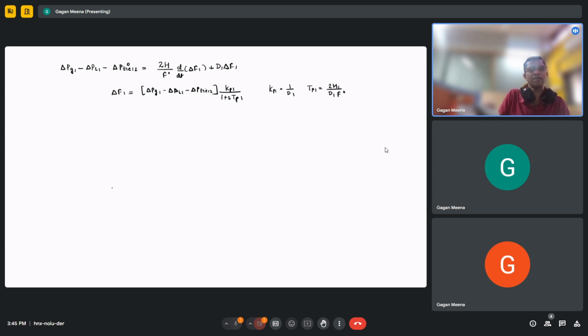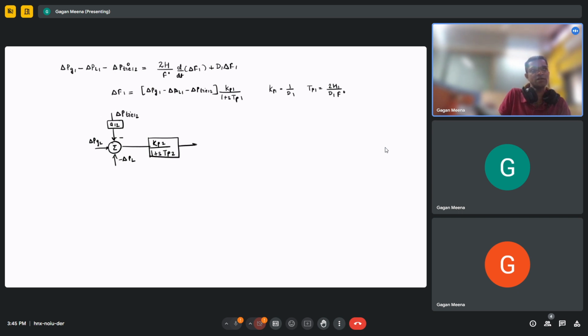So for the tie line, we will find this type of diagram. Earlier we were having delta Pg2 and here only delta minus delta PL. But now here we have A12 negative, this is minus delta PL, and this is delta P tie 12, and here we will be having Kp upon 1 plus s Tp2.